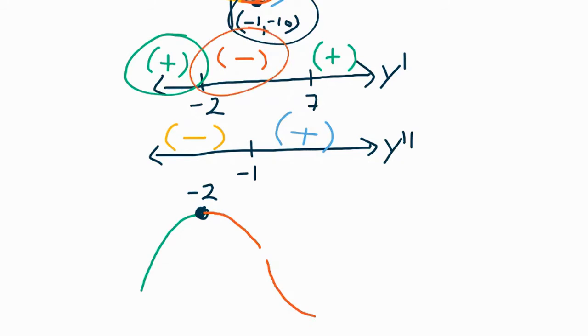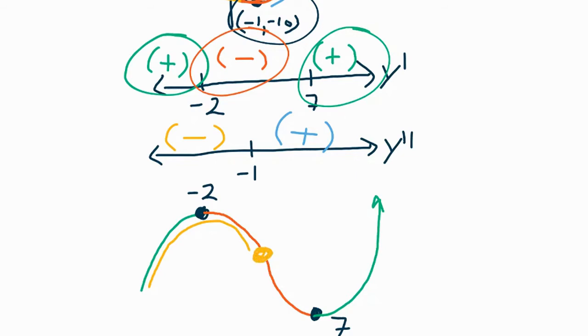Now, do you realize that what I'm doing here is I'm drawing my graph based on the slope, kind of the main type of thinking here, because then I'm just going to draw a graph that goes up to the right of 7. But at the same time, I've also been able to satisfy the concavity, because I'm concave down everywhere to the left of -1, and I'm concave up everywhere to the right of -1.